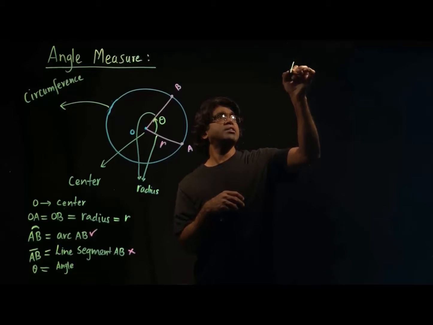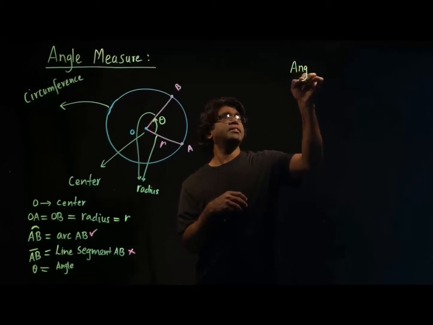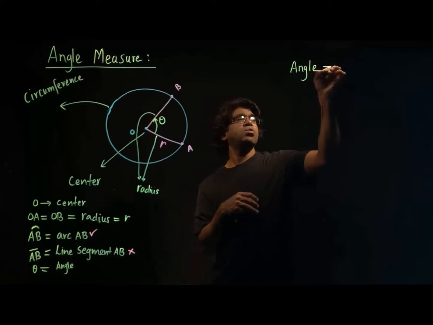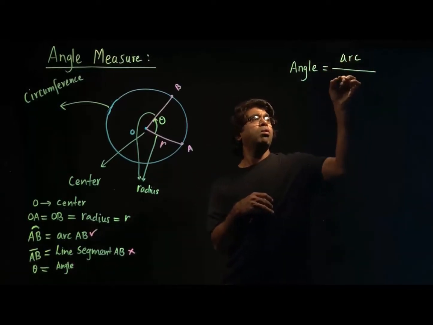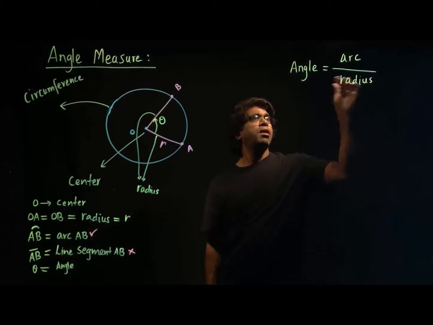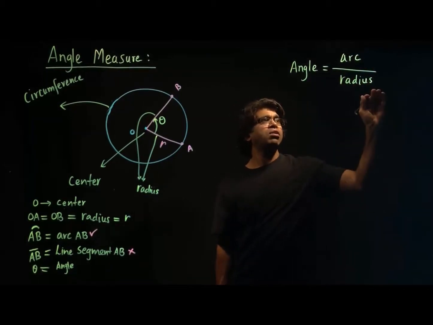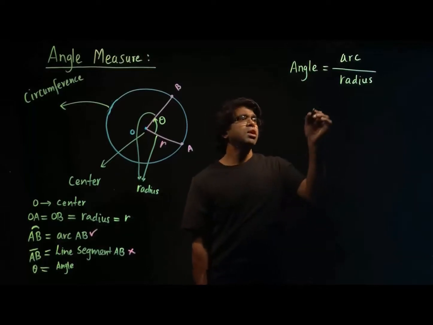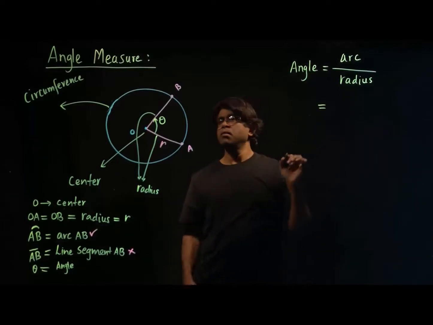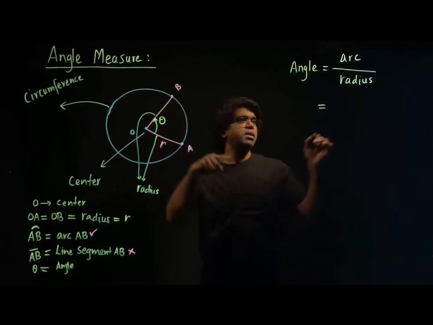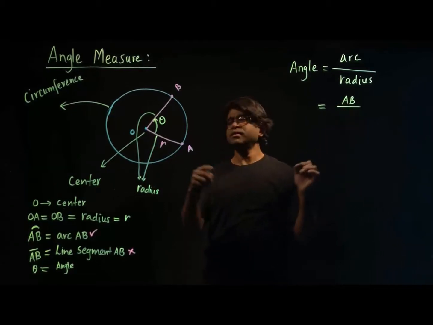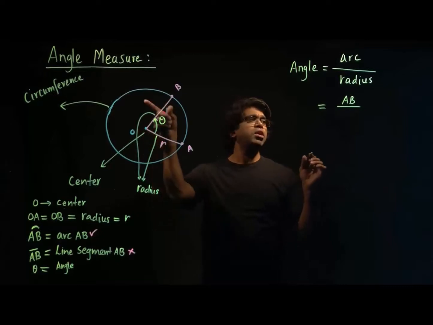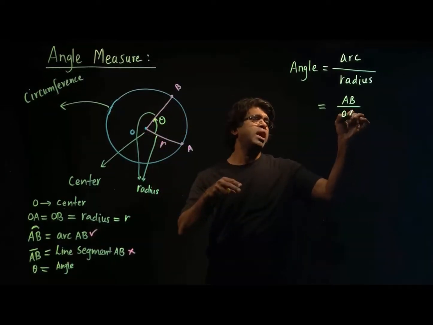The angle is defined as arc over radius. As you can see, my arc is AB and my radius can be any of these ones, OB or OA, so I'm going to take OA.